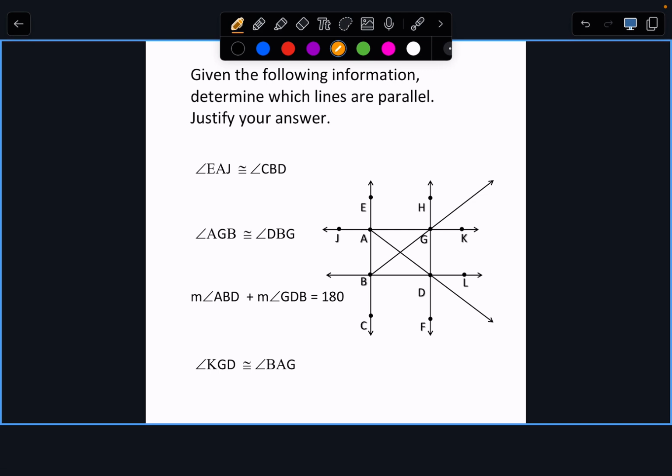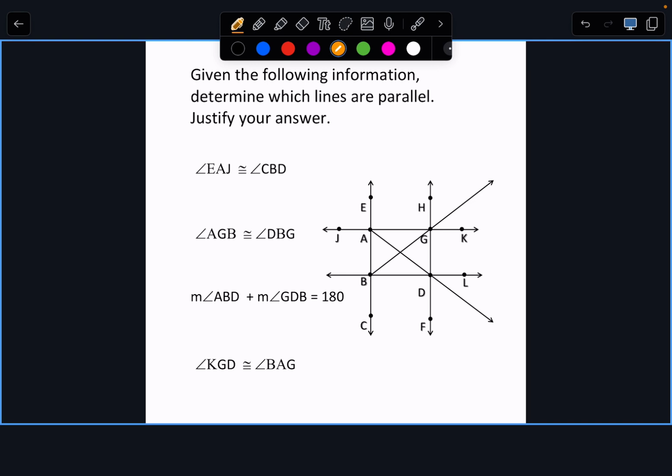I'll give you 3 minutes, maybe 2, we'll see. Use your pencil and mark up your diagram. That's why I have paper for you.